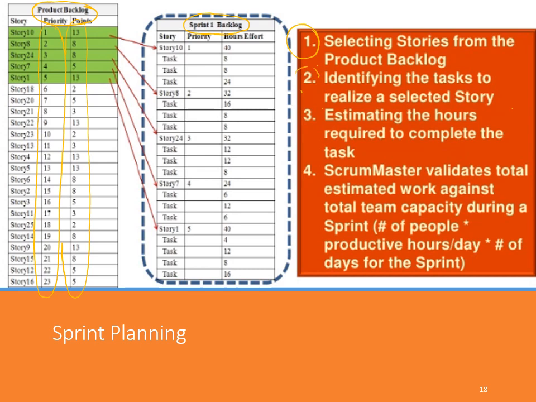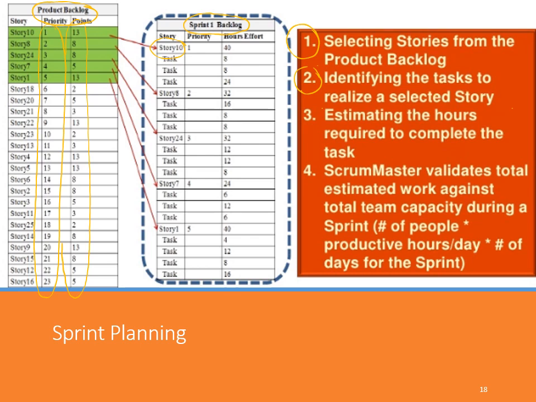Okay, and of course, we select highest priorities very first. Second, we identify the tasks to realize a selected story, because some story could be big, right, and could require a lot of effort. So we need to break down the story into smaller tasks so that the development team can approach each task. Let's look at this example of story 10 that we choose to be in our sprint backlog.